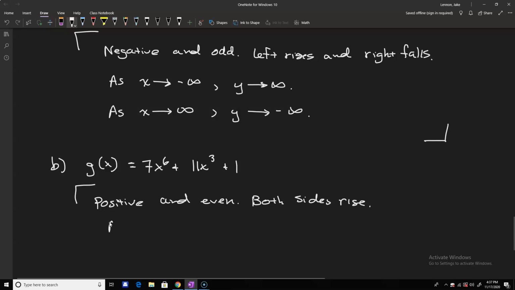Or equivalently, as x goes to infinity, y goes to infinity, and as x goes to negative infinity to the left, y also goes to positive infinity. Positive infinity would be the up direction for y. So that's the end behavior for both of those polynomials.